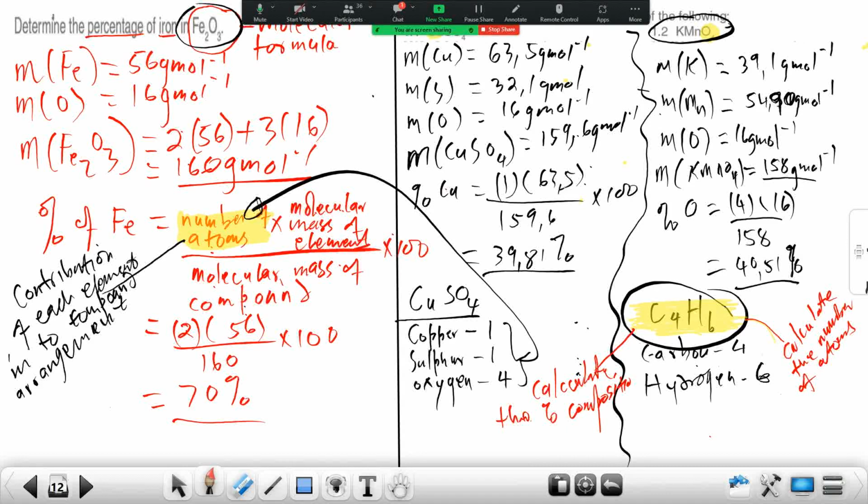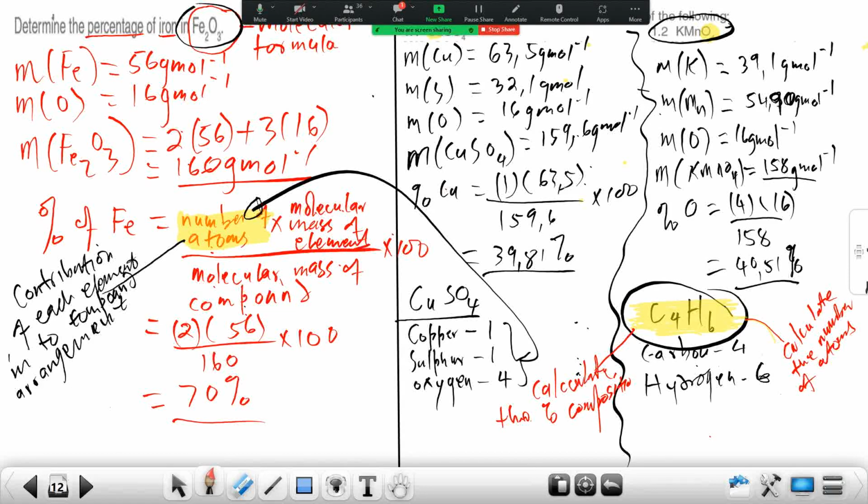But a different question now comes: calculate the percentage composition. Percentage composition will now be what? How much of carbon contributes to C4H6. So I am only going to work with the 4 carbon atoms, and I am only going to work with the 6 hydrogen atoms.